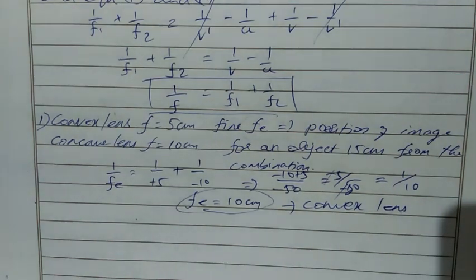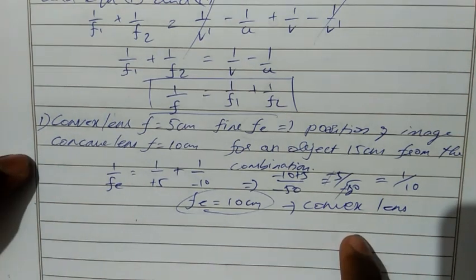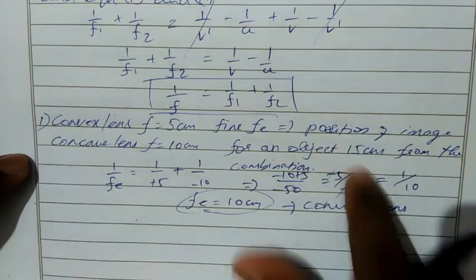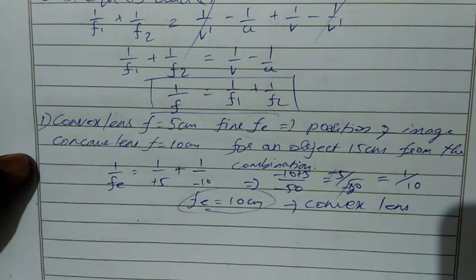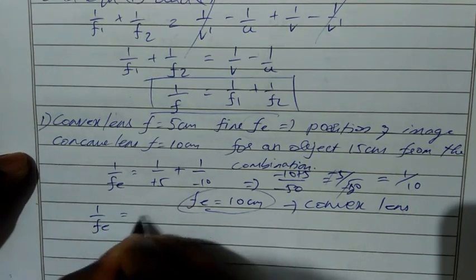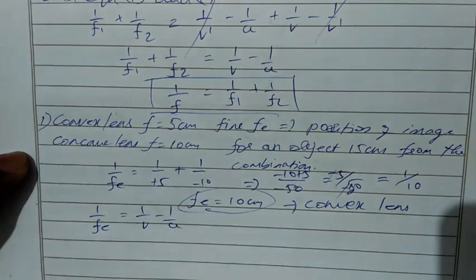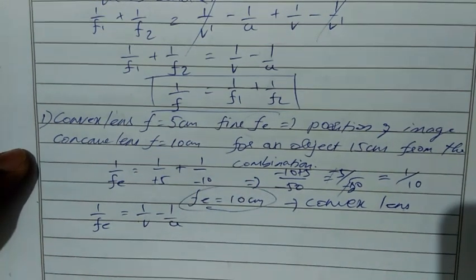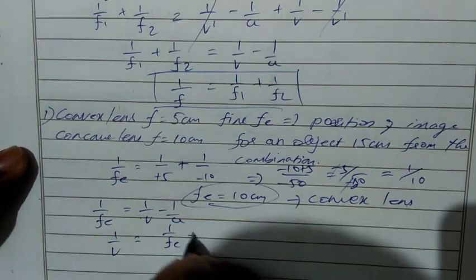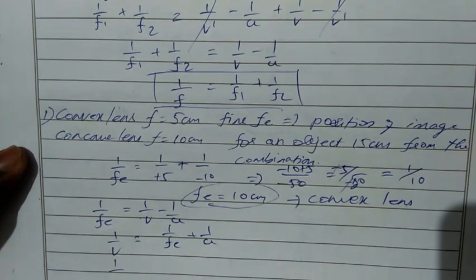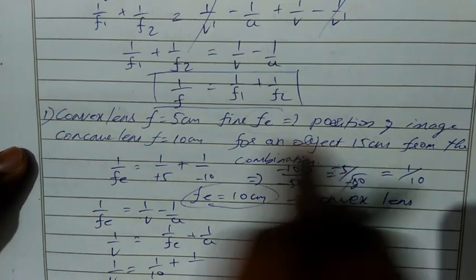Correct? Then we have to find the position of the image. It is given that the object distance is 15 centimeter. So u is given and we know the f value, so we can find the position. 1 by fe equals 1 by v minus 1 by u, where we use the total f. So 1 by v equals 1 by fe plus 1 by u. 1 by v equals 1 by 10 plus 1 by minus 15, since the object is placed on the left side.